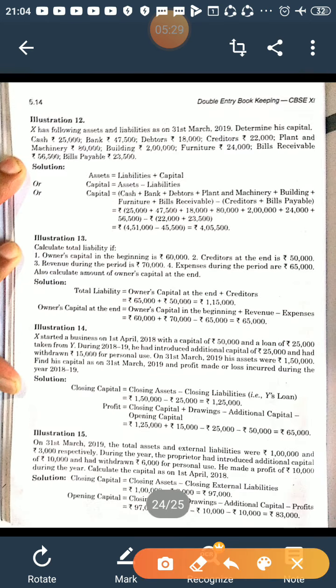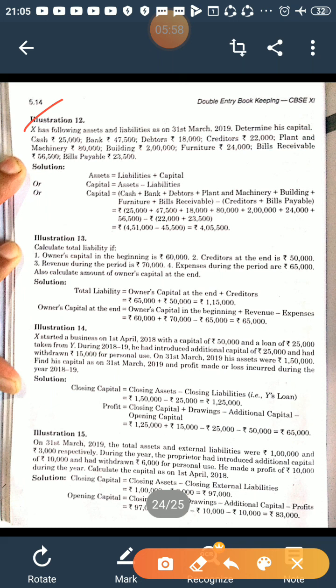Now the next question is: X has the following assets and liabilities as on 31st March 2019. Determine his capital. Cash 25,000, bank 47,500, debtors 18,000, and then creditors, plant and machinery, building, furniture, bills receivable, bills payable.